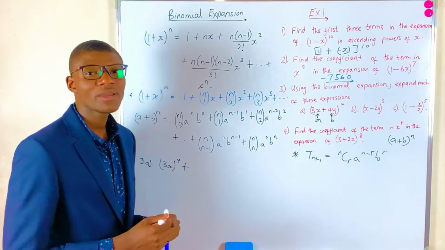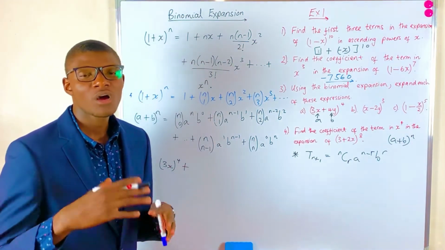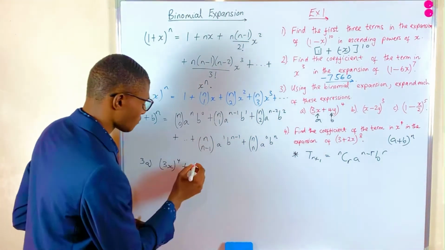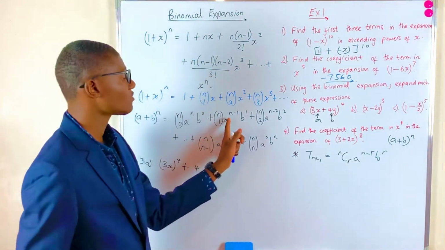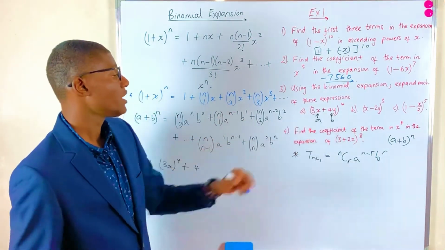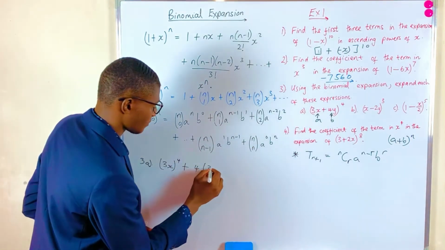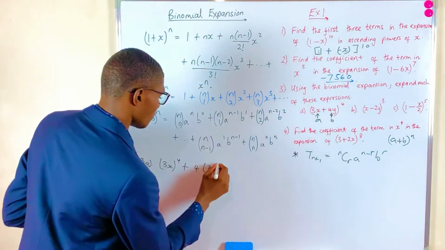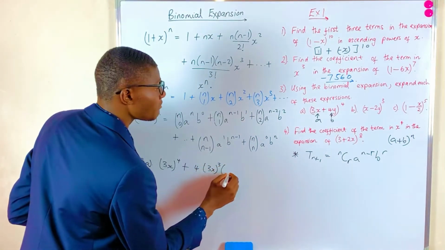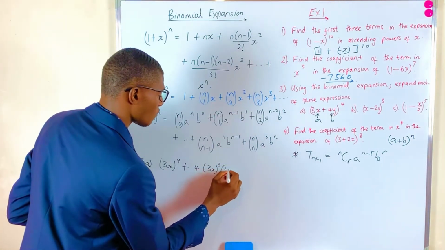In how many ways can you choose 1 from 4 objects? There are 4 ways. Then multiply by a to the power of n minus 1, so 3x to the power of 3, then multiply by b to the power of 1, which is just 4y.